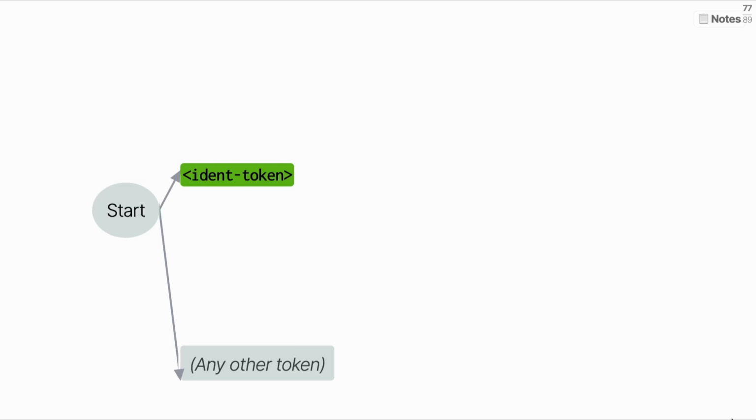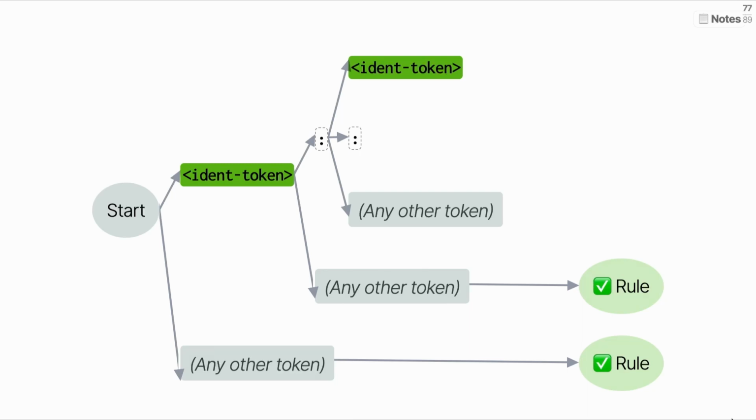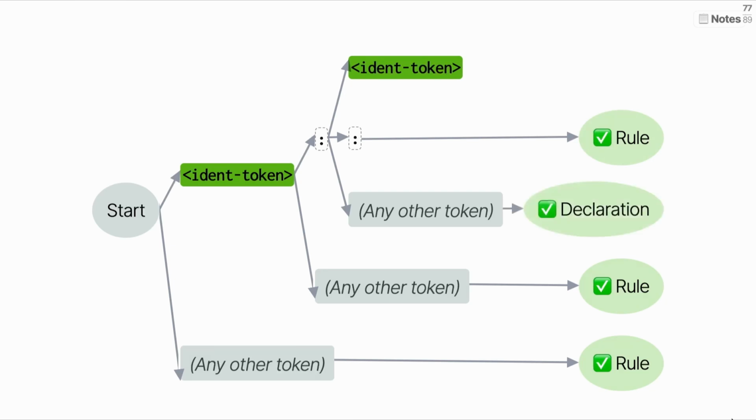So if you start with anything that's not an ident, then you have a rule. We've already discussed this. If you have an ident, then you can look at the next token. Is it a colon or is it something else? If it's something else, again, you have a rule. If it's a colon, then you can look at the next one. Is it a colon? Then you have a rule. If it's anything else, you have a declaration, because you cannot have a colon followed by other stuff in a selector.